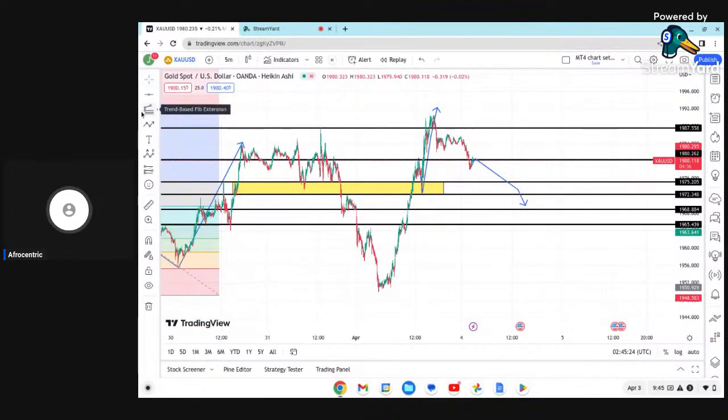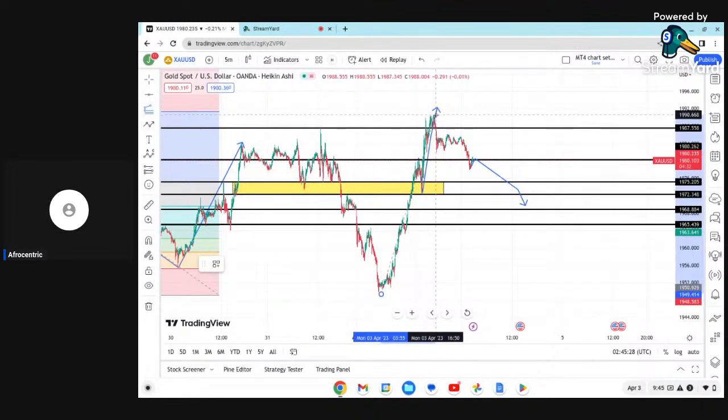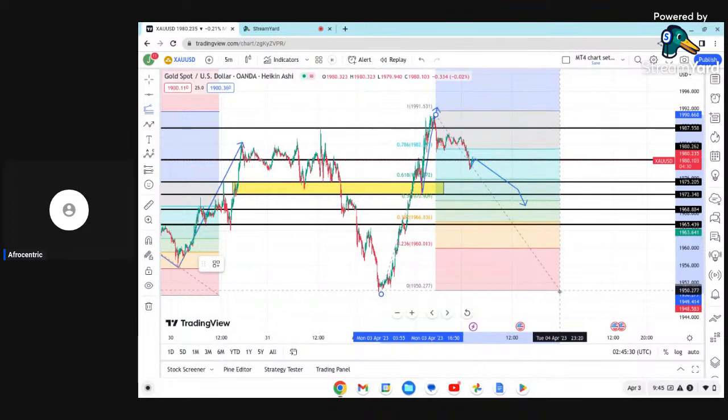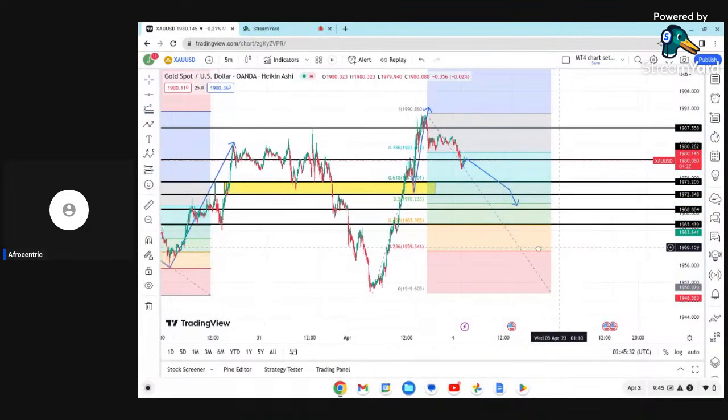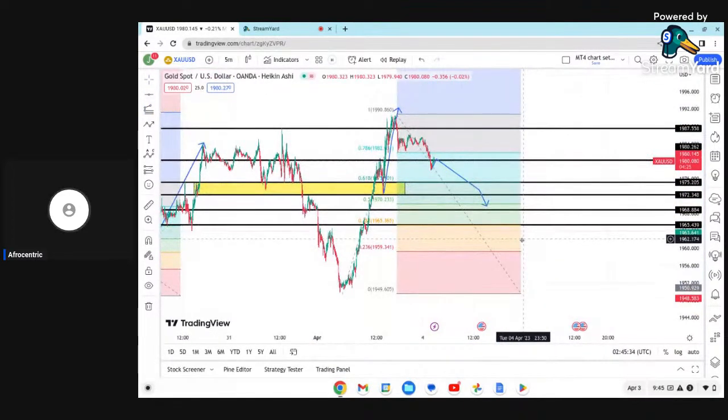I still think gold is going to sell off, to be honest. I'm not going to cap. I think it's going to sell off from right here where it's at. It just went up a little bit, but it's going to drop.